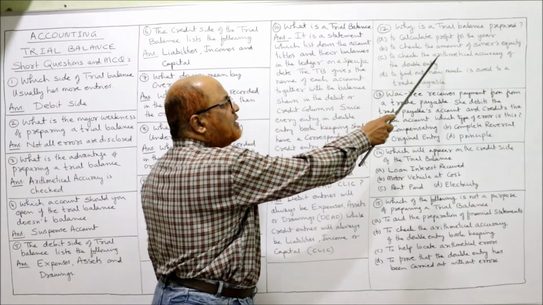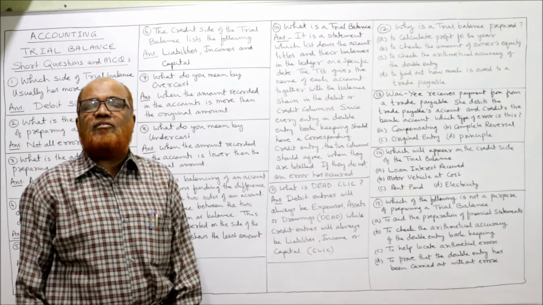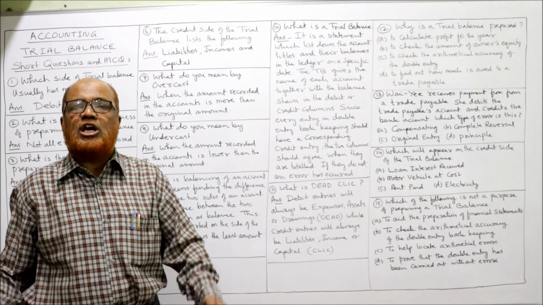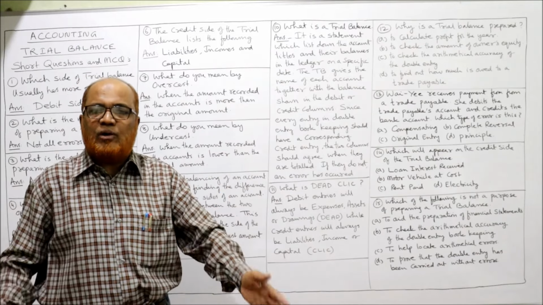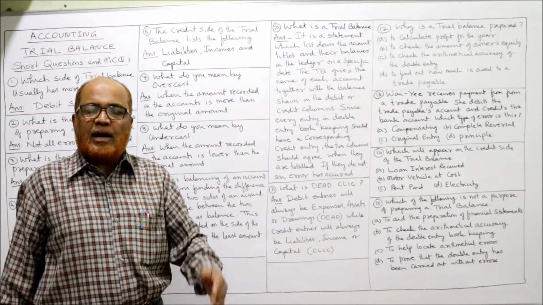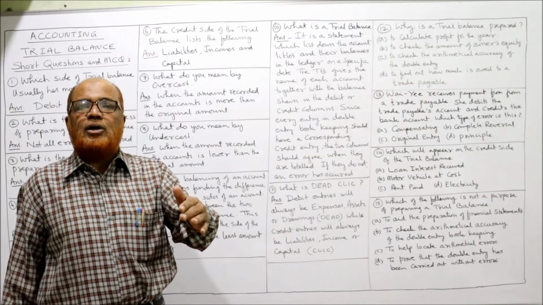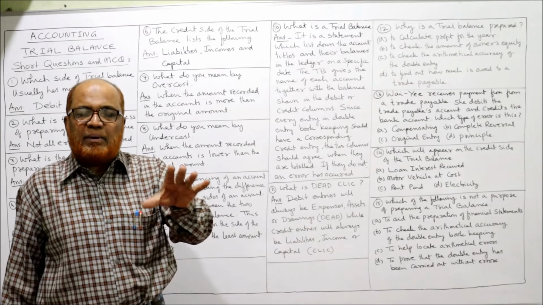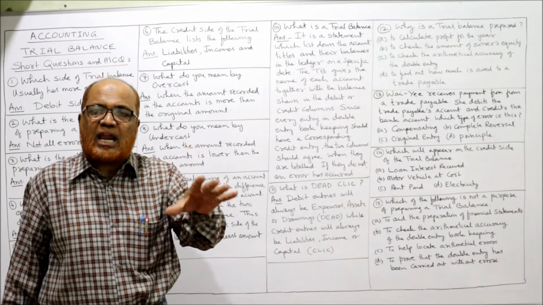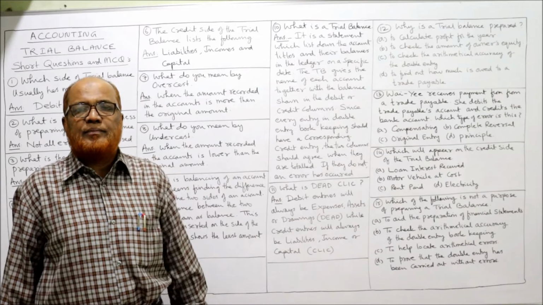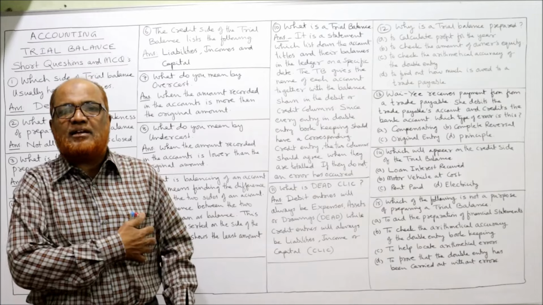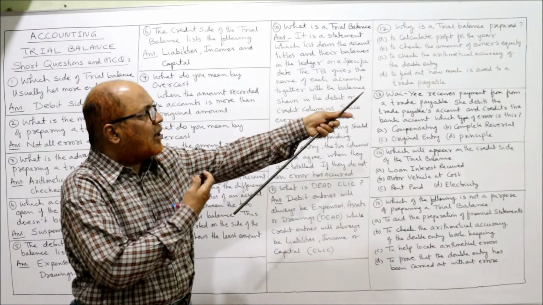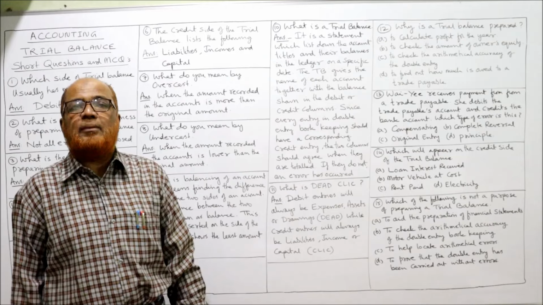Third, to check the arithmetical accuracy of the double entry system of bookkeeping. Yes, absolutely right. To check whether arithmetically the books of accounts are correct or not. That is the purpose of making the trial balance. Last one, to find out how much is owed to a trade payable.